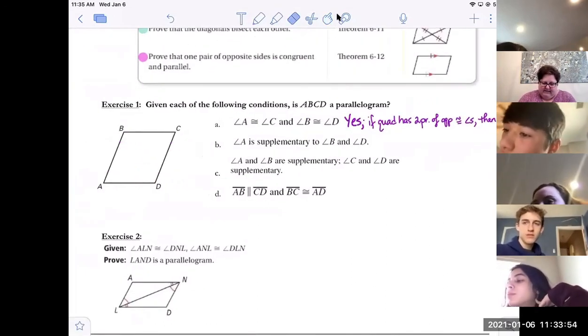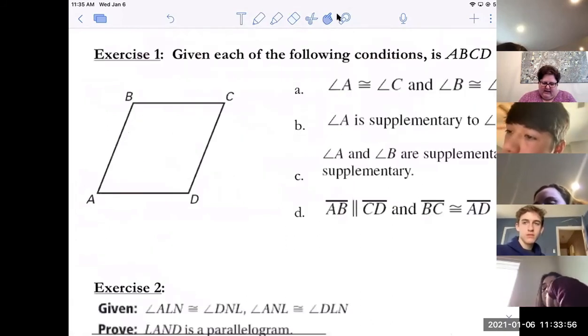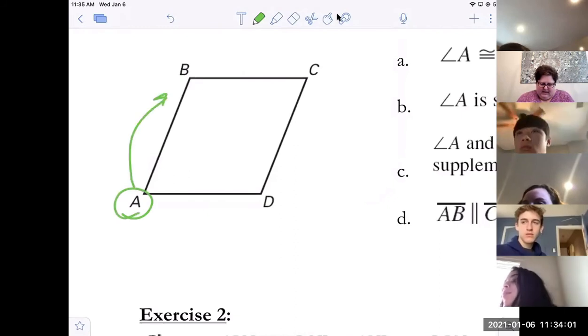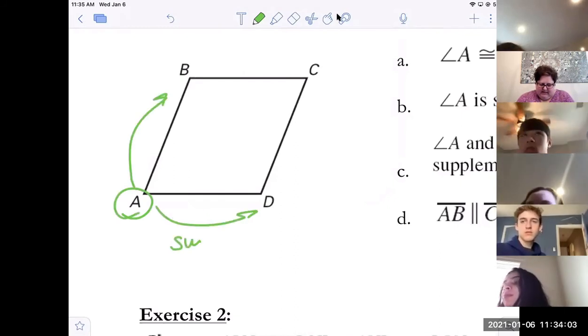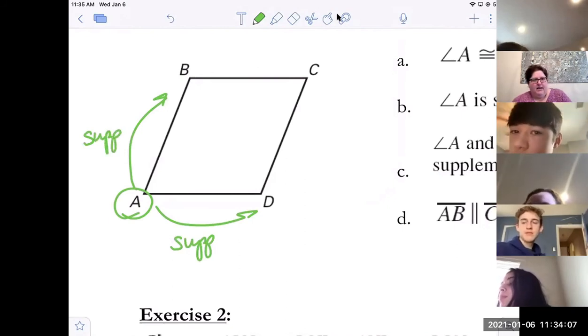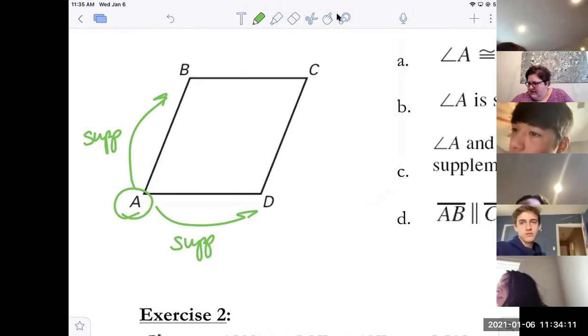Okay, the next one says angle A is supplementary to both B and D. A is supplementary to both B and D. Okay, anybody who hasn't talked to me? Yes. Okay, Brooke, what's the reason?